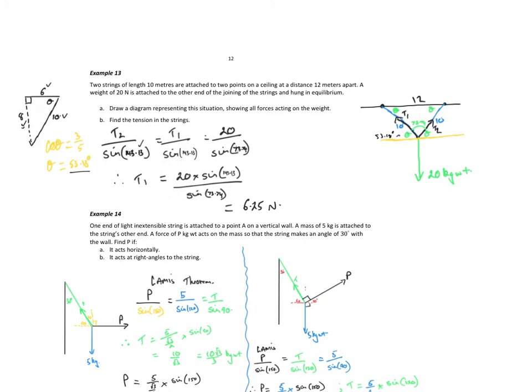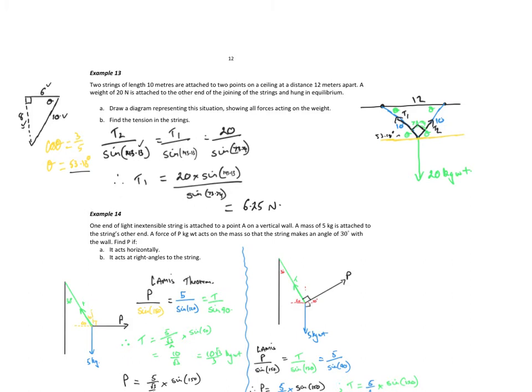So the two big angles, 143.13 degrees. And as it turns out, the angle in between will be 73.74, that looks like. Okay, so now we've got our three angles, so 20 over sine 73.74 equals T2 over sine 143.13, which equals T1 over sine of 143.13.